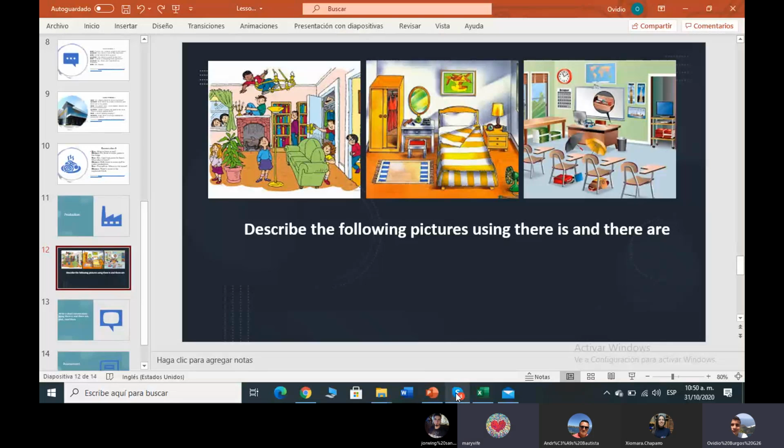In the first picture, there is one children on the land.